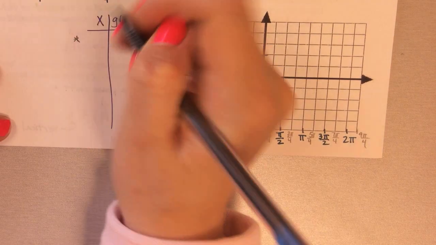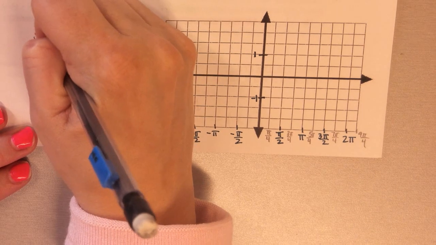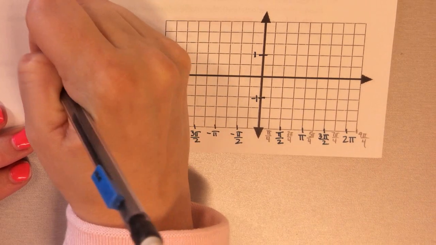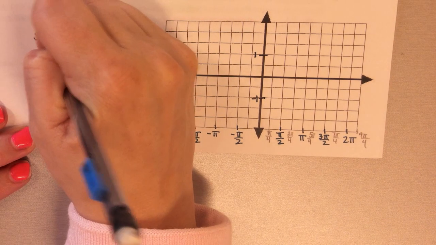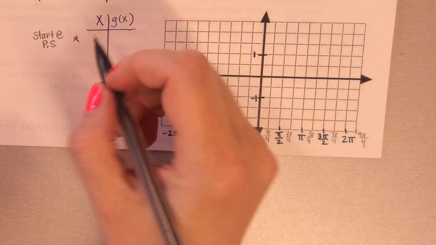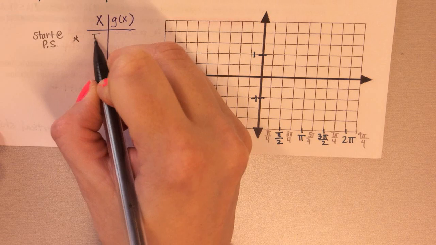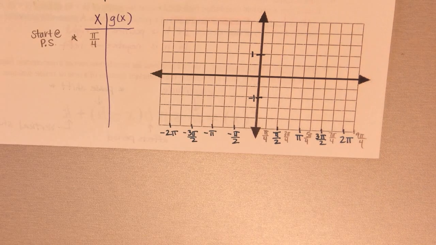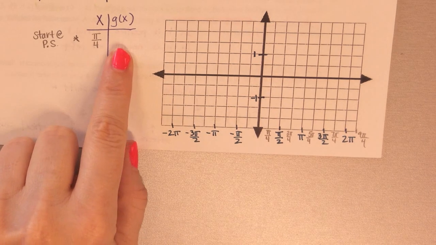So when you do this, for sine, I want you to start at the phase shift. So what was our phase shift? Pi over 4. Now, for sine, if you start at the phase shift, guess what your output value is?